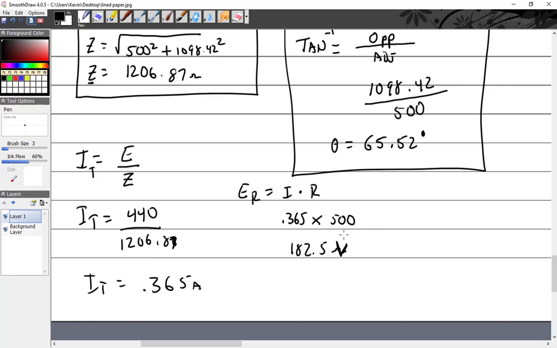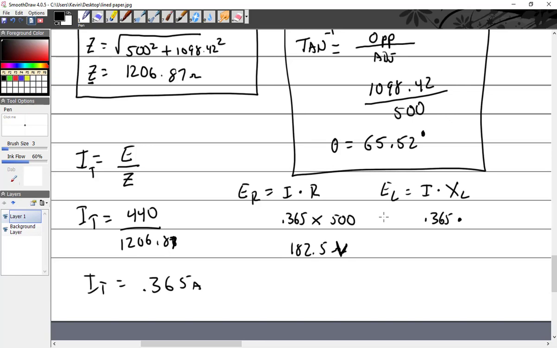Okay, E of R. E of L. Formula for E of L. X of L times I. You would be correct. So E of L is 0.365 times X of L. My paper's messy. What is X of L? That's why I'm having trouble. I got four pages going here so I can keep track.